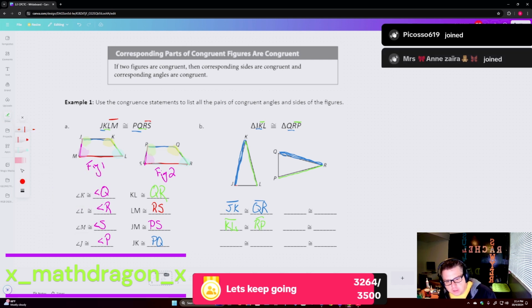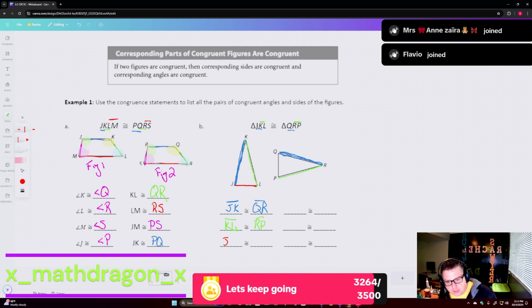And then the last one, J to L. Now, if I use J, J is the first, L is the last, so I better use Q as the first and P as the last. So I'm going to go Q to P. Okay. Now that we've done that, just do the angles.